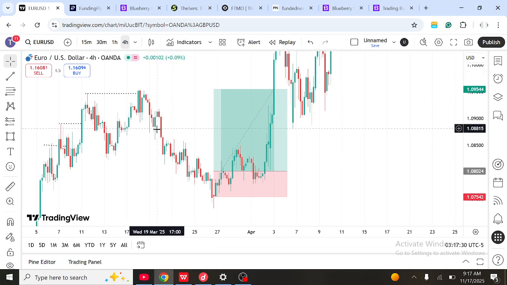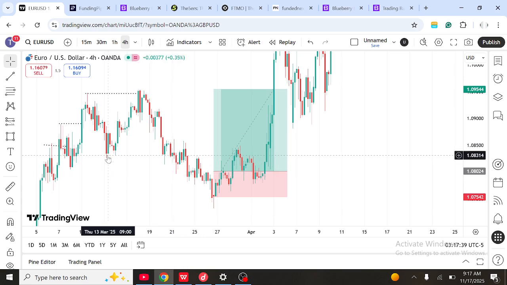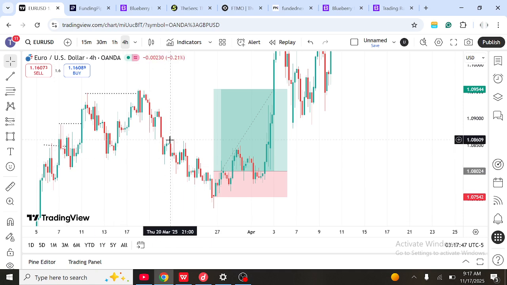You can see high, low, high, low, high, low. We don't have to predict that the price is going to change from here or here or here. We'll just pay attention to what price is doing and wait for when we are going to have a market shift, change of character.